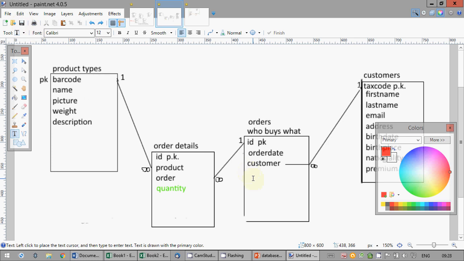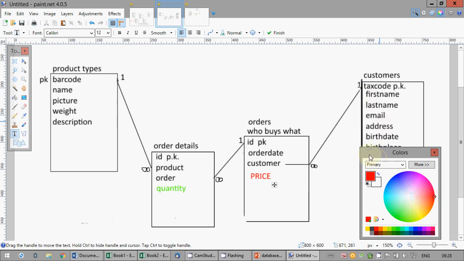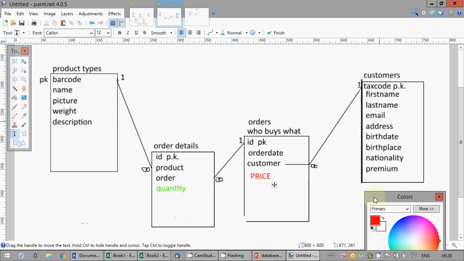Let's see, is there any reason to put a price here? Yes, putting the price here also makes sense. It means that your price does not depend on the products anymore, and not on the quantity. It depends on the date and on who is the customer. So, for example, you can adopt a policy where a customer pays every time he plays.